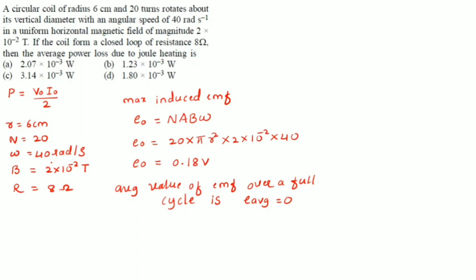Then we can go to I naught value, maximum current. Now we can calculate maximum current using Ohm's law. So that is maximum value of current in the coil is given by the equation.